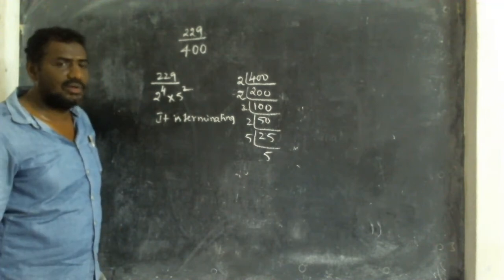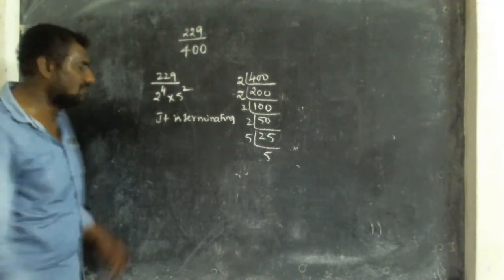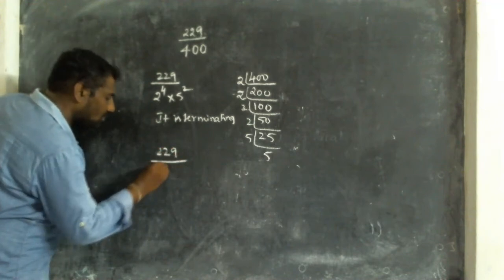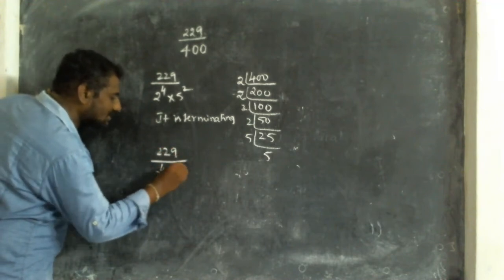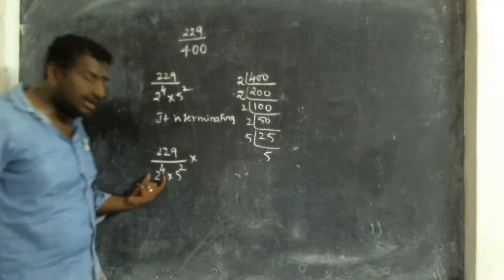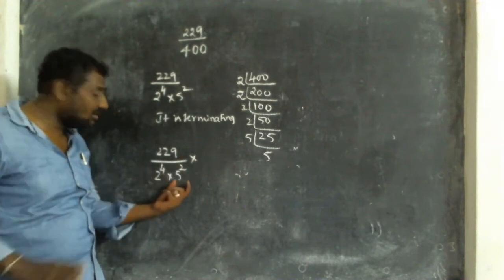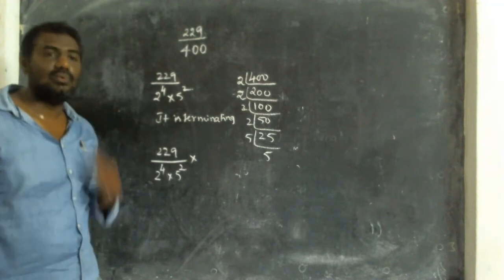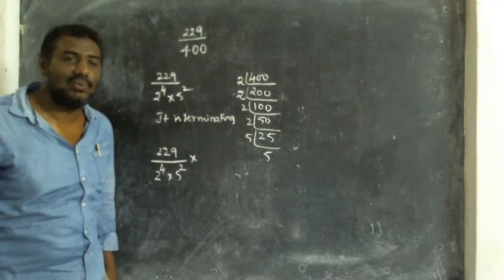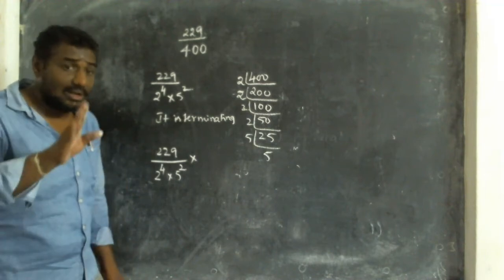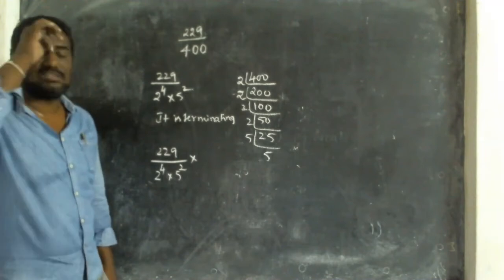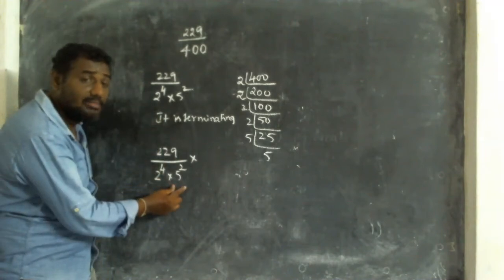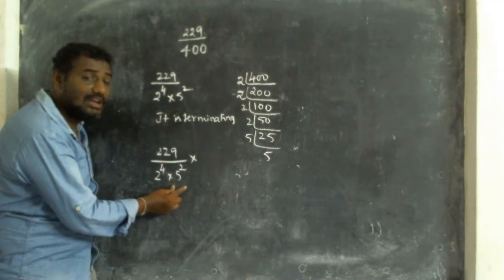Now I will convert into decimal. 229 by 2 power 4 into 5 square. Here how many 2's are there? 4 are there, but 5's only 2 are there. How many 5's are required? 2 are required, because equal numbers of 2's and 5's must be there. 2's are 4, 5's are 2, so 2 fives are less.